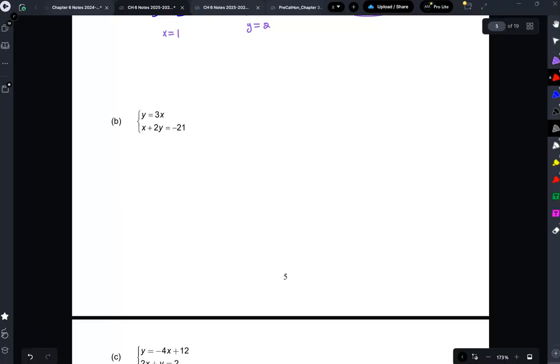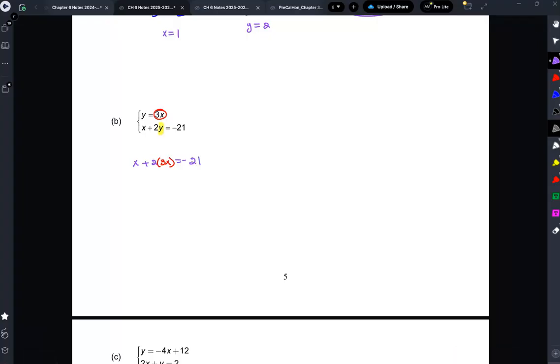Okay? All right, so let's take a look at this one. Here, I'm given y equals 3x, right? Y equals something else. So in here, I'm going to substitute it for the y. Now I get x plus 2 times 3x is equal to negative 21.